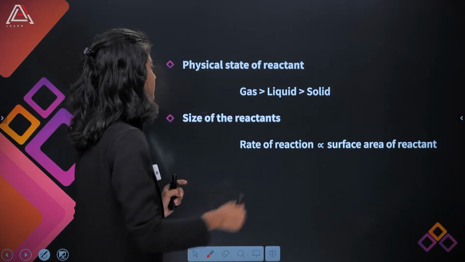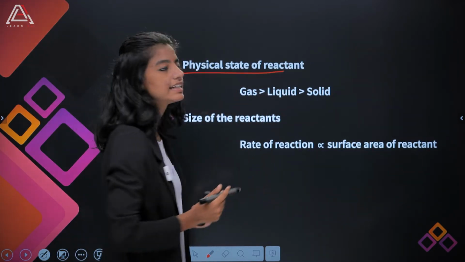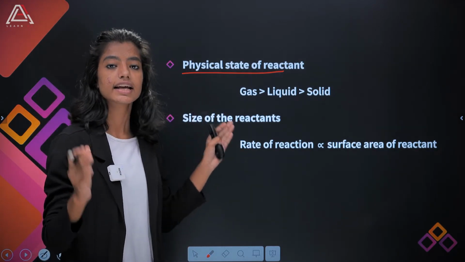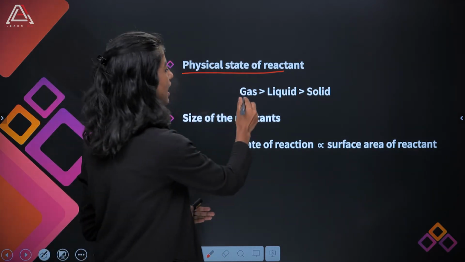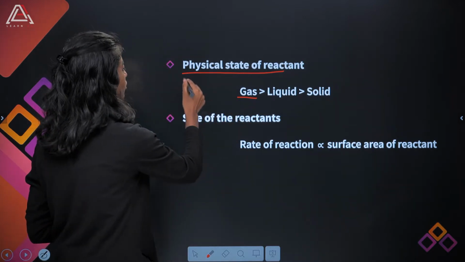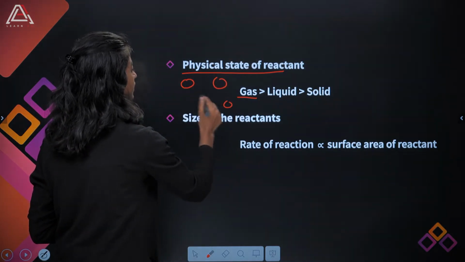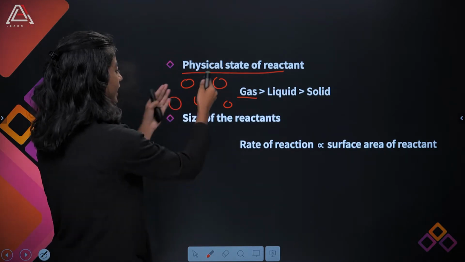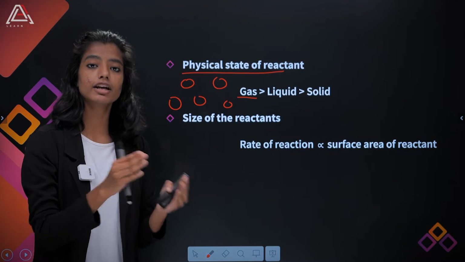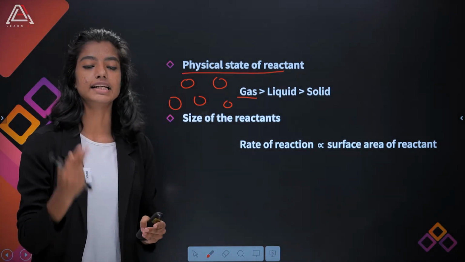Now, the next factor will be the physical state of reactants. So, the rate increases if the reacting species are in gaseous state, because in gaseous state the molecules are in free state, right? So, they can move around and they can collide with each other. So, the speed of chemical reaction also increases.